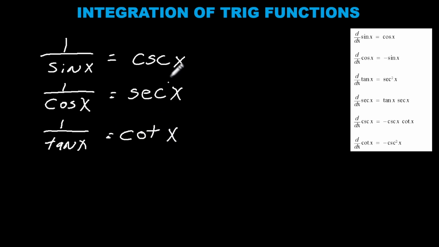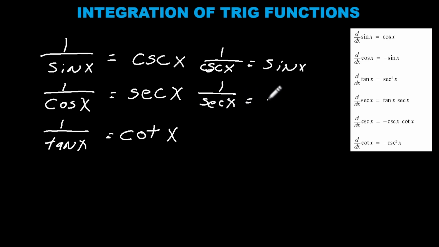We've actually covered them all because the reciprocals of all of these will give you this back. So 1 over cosecant x is sine x. 1 over secant x is cosine x. And 1 over cotangent is tangent x.